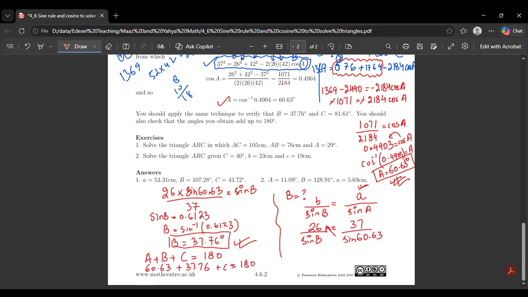Now what I have to do is just take the sum and shift these two numbers to the right side, and tell me what answer we are getting. 81.61 degrees, right? Is this clear to you guys? Yes. All right.